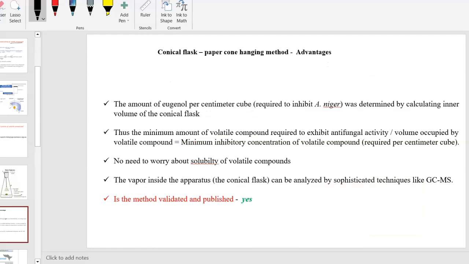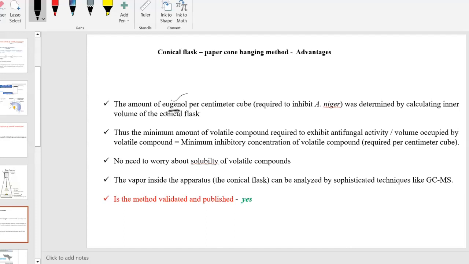So the main advantage of this method is you can actually calculate the amount of any volatile compound. For example, eugenol taken in my work, the amount required per centimeter cube of area can be determined by calculating the inner volume of the conical flask. The formula goes here.